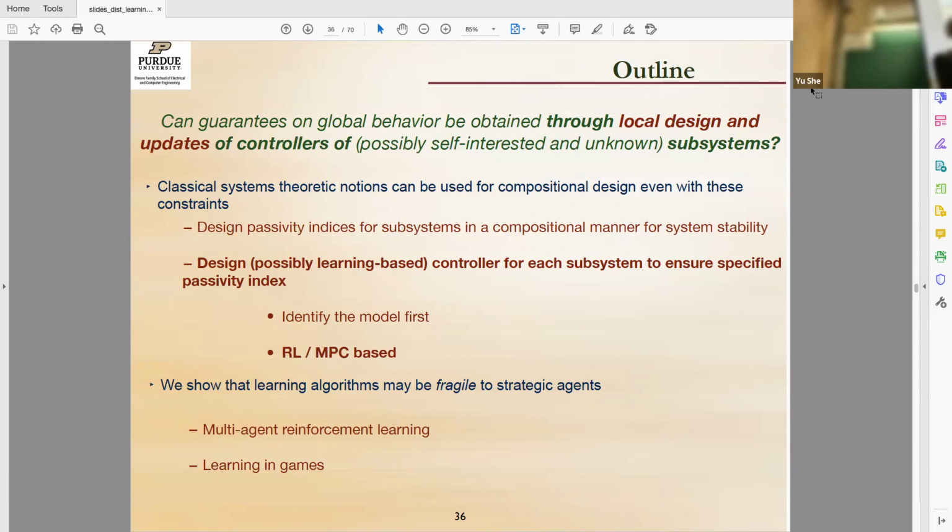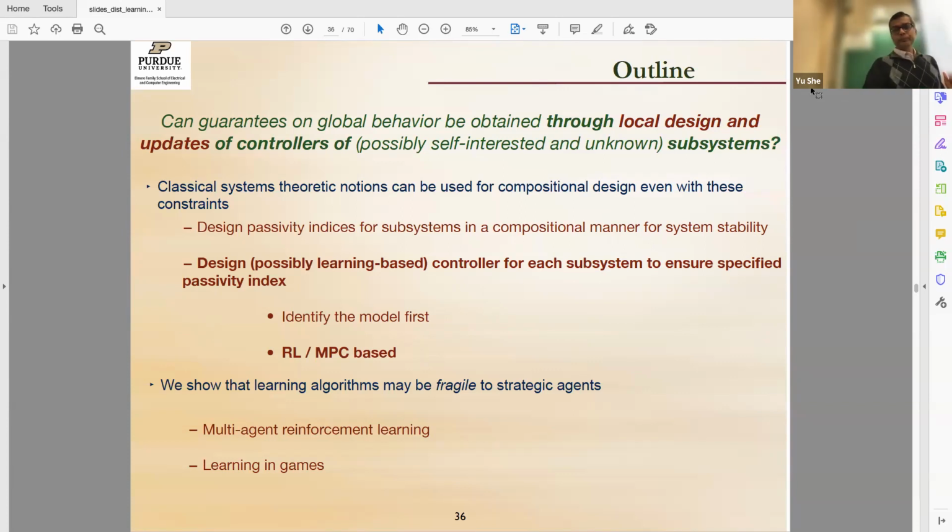Perhaps you can replace dissipative by positive, monotonic, safe, this, that, but in this case, dissipative. So how should I perturb an RL algorithm that is not under my control? The subsystem can choose whatever RL algorithm it has, but now I want to change it. I want to guide it so that the closed loop system satisfies a control element property, in this case, dissipative.